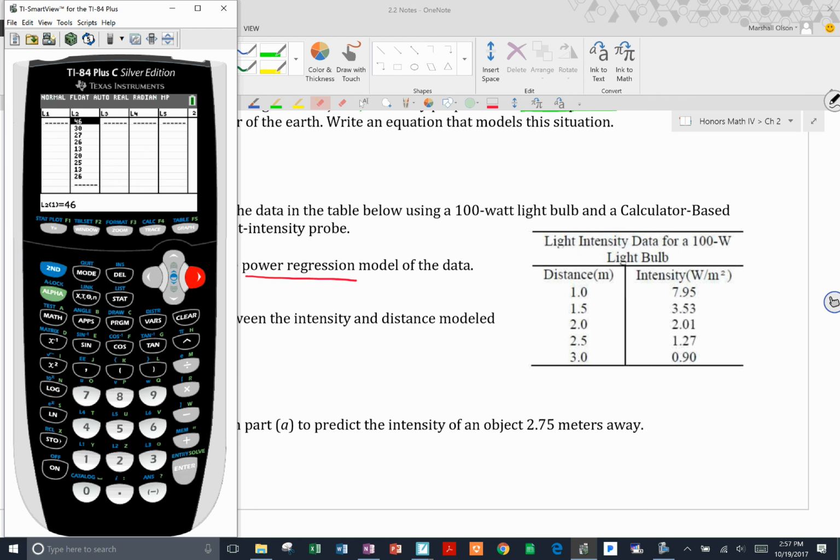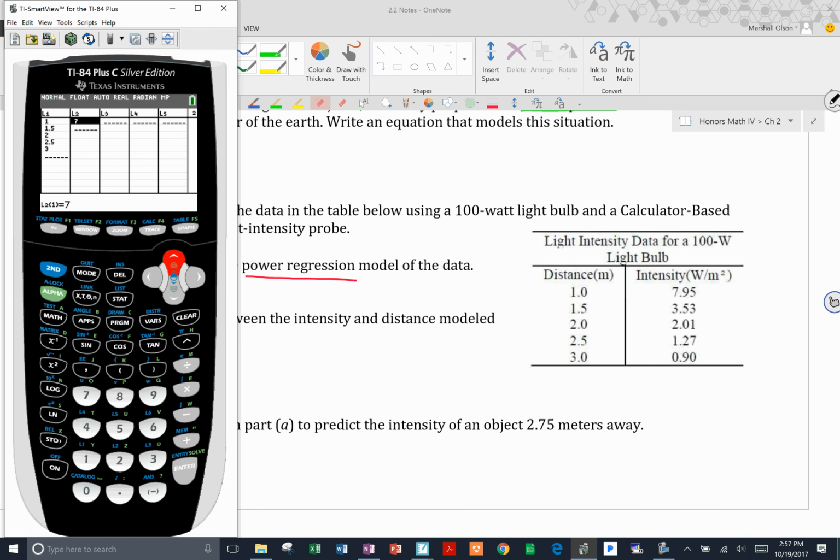Just clearing these out here quick. So we have 1.0, 1.5, 2.0, 2.5, and 3. And 7.95, 3.53.